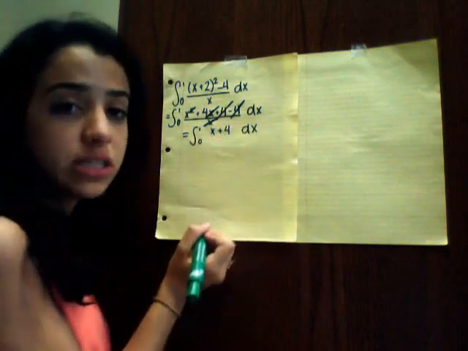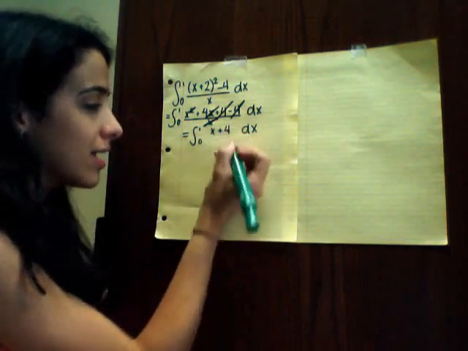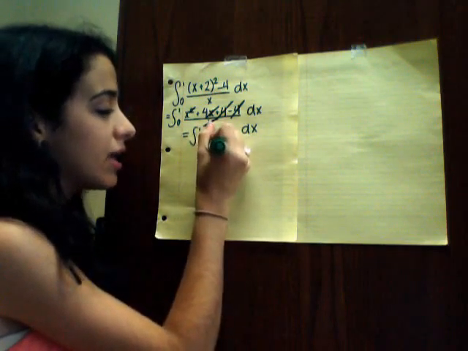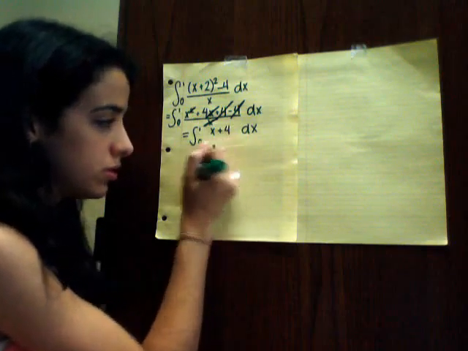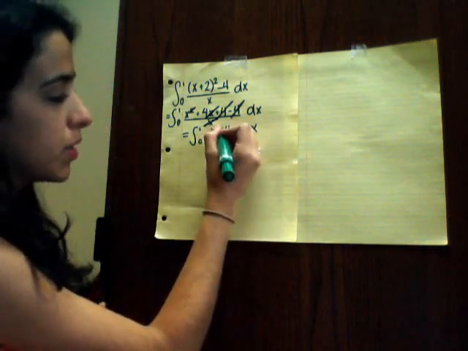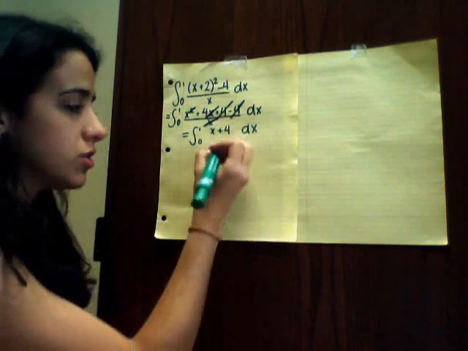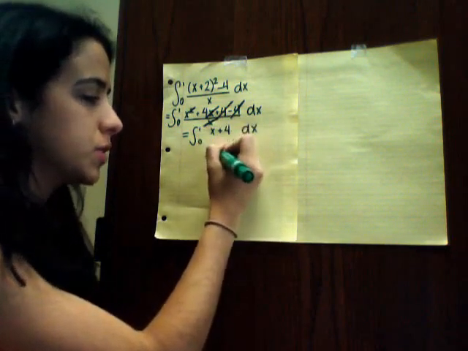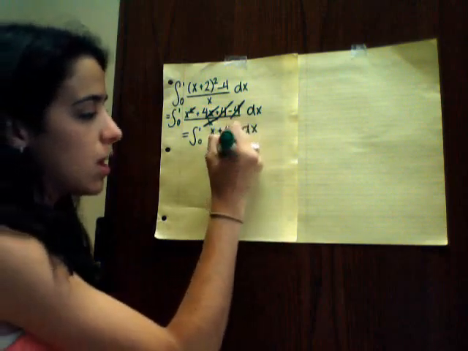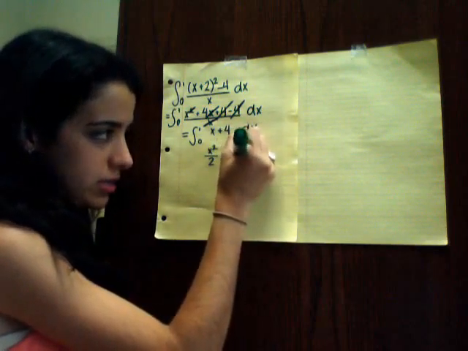So according to the integral properties, x is going to become x squared over 2, because it's x to the n plus 1 over n plus 1. So we're going to have 1 plus 1 is 2, over 2, plus 4x.